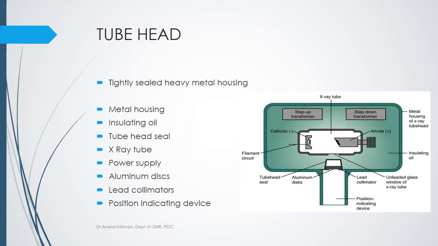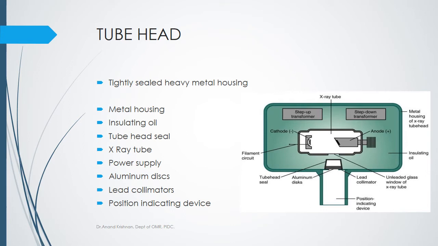And it has insulating oil, which also acts as a coolant, because a lot of heat is generated in the production of X-rays, and this entire component, the tube head, also consists of a step up and step down transformer, so a lot of heat generation will be there. The insulating oil is also a very good suspension medium. At the same time, it also helps dissipate heat to some extent.